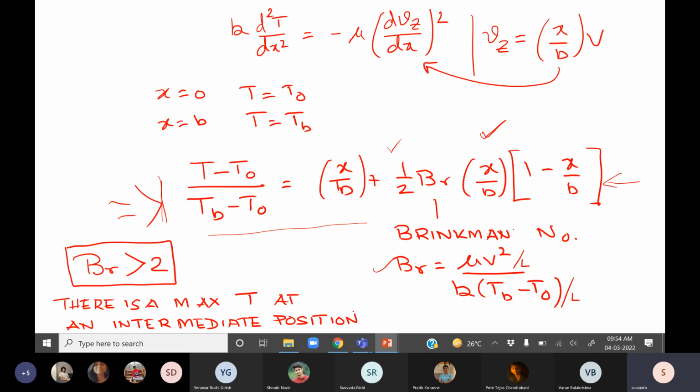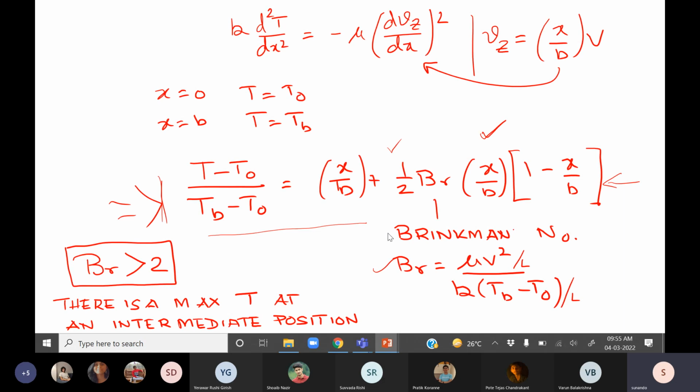I'll leave that to all of you to see that this condition appears automatically when you analyze this equation.